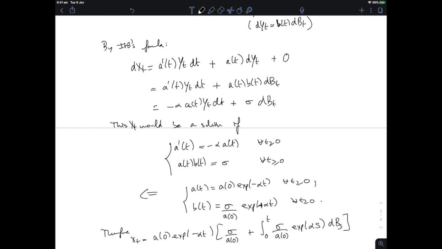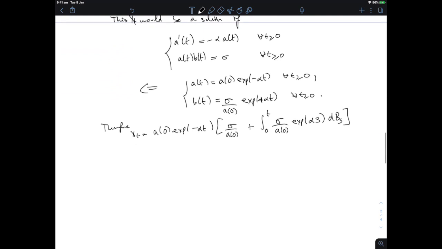A process of this form will be a solution. And so notice actually that in this formula the a of 0 has to cancel, so really it doesn't matter what a of 0 was.